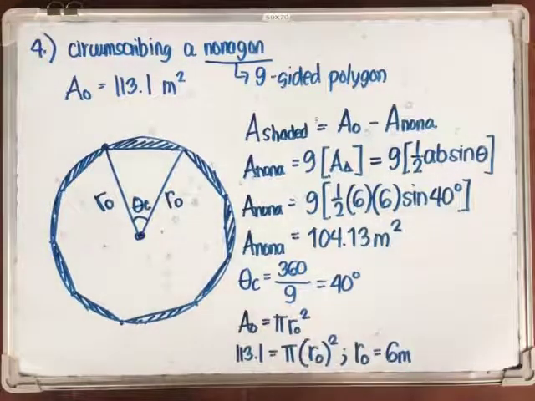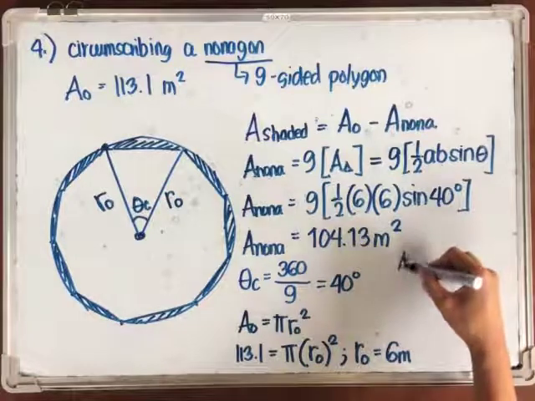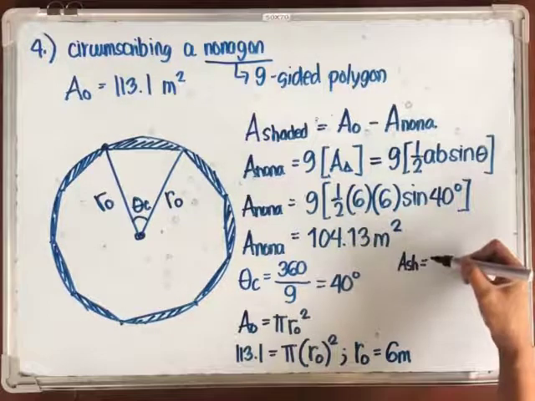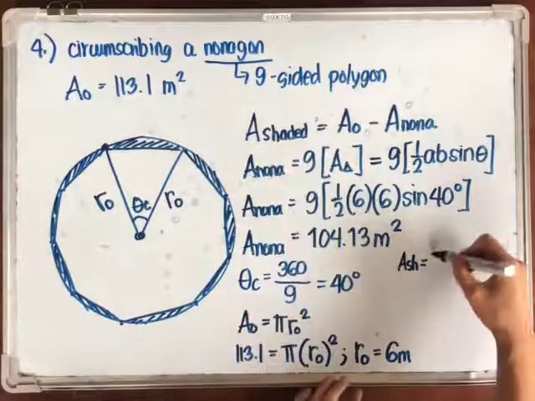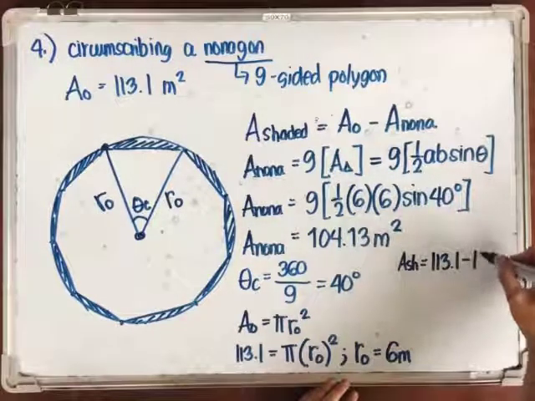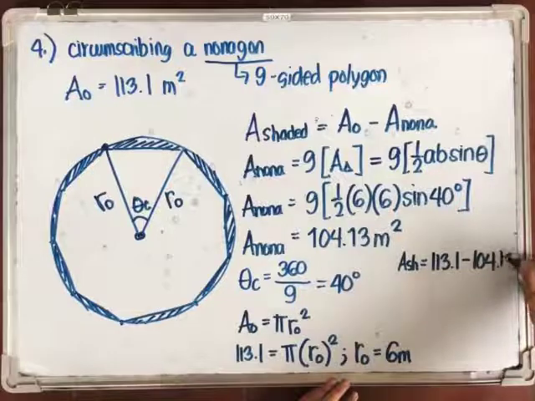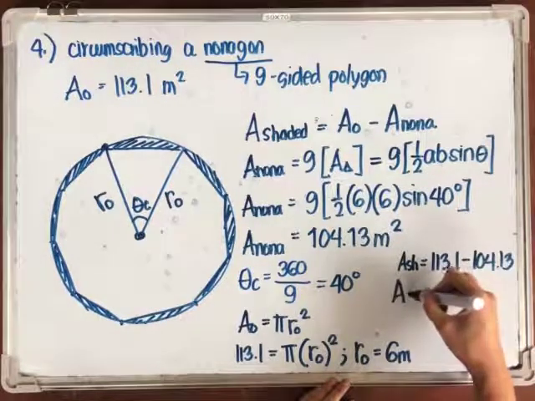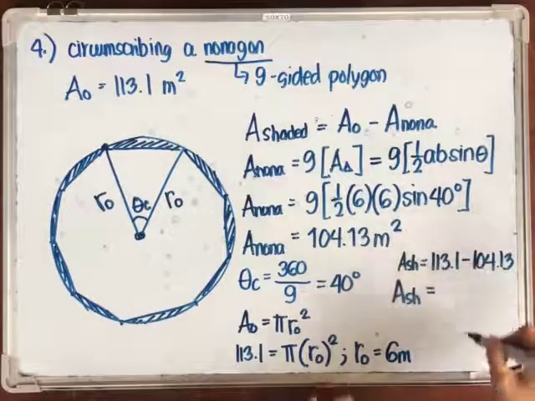Area yan ng nonagon. But what we are tasked to get is the area of the shaded portion. I'll write it here. Area shaded this time is the area of the circle, 113.1, minus the area of the nonagon, 104.13. Area shaded natin would be how much?